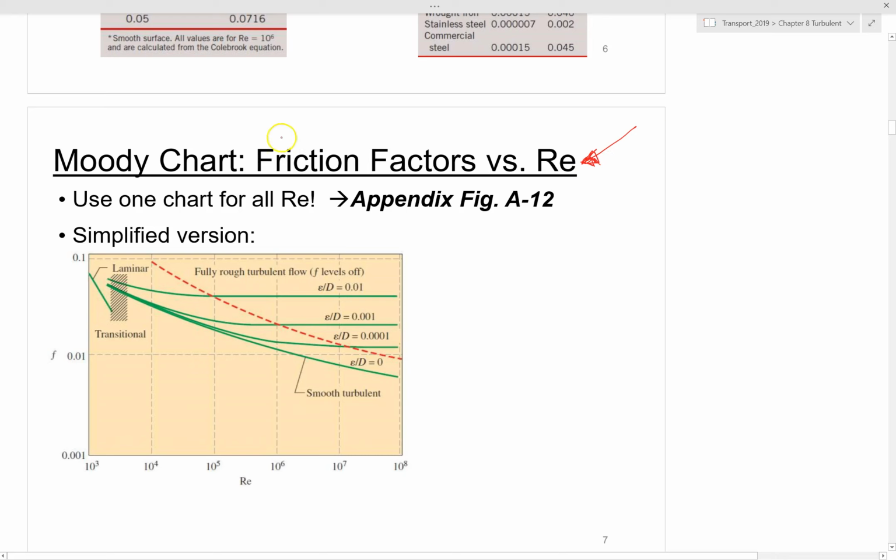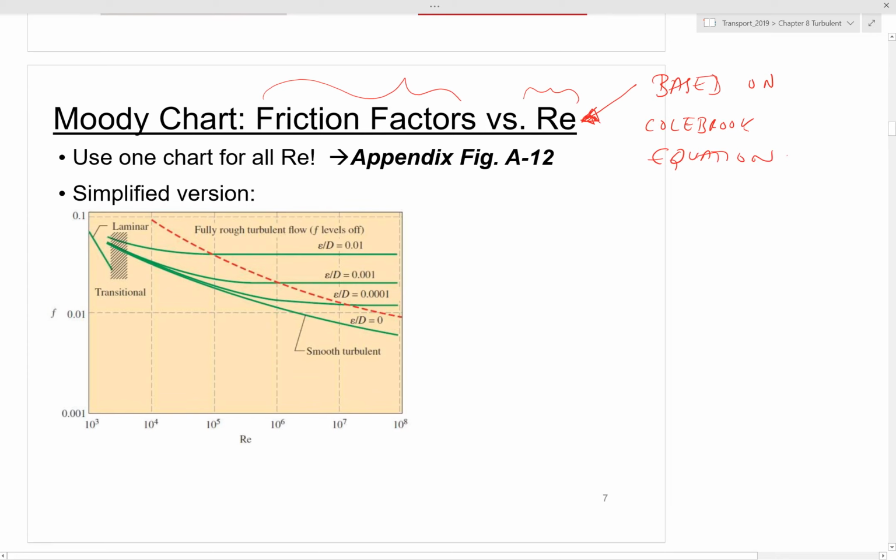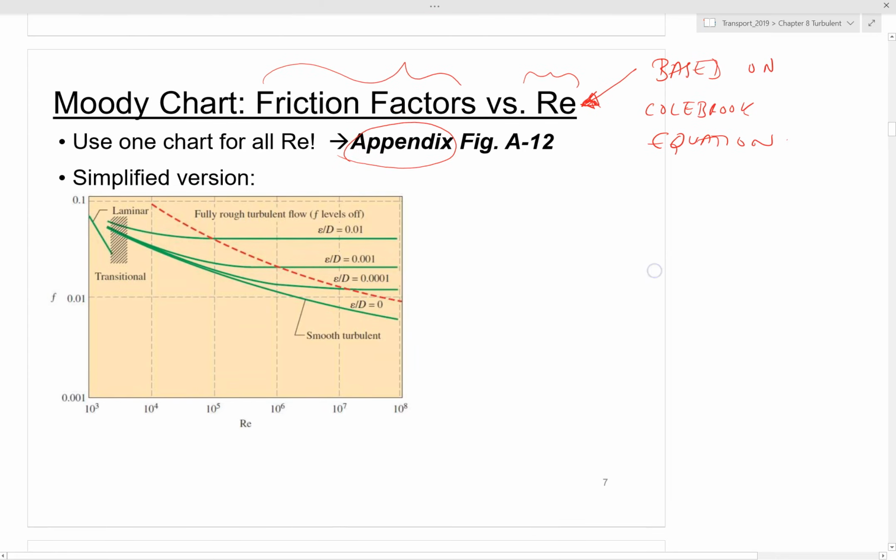It gives you friction factors as a function of Reynolds number, and it is based on the Colebrook equation. It's an extension essentially, and it is also available in the appendix of your textbook. Look for it. This is the simplified version shown here.